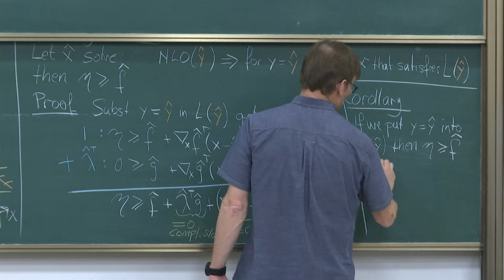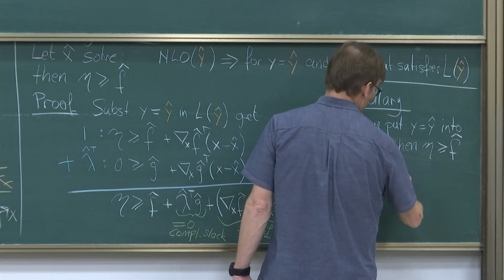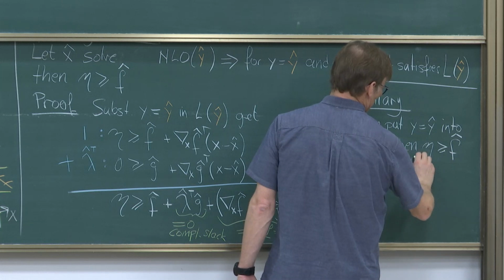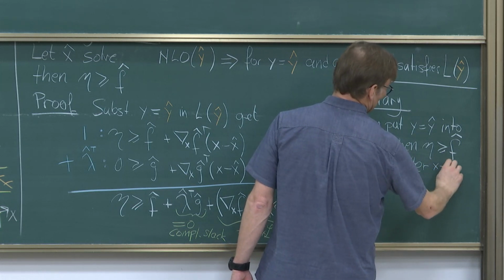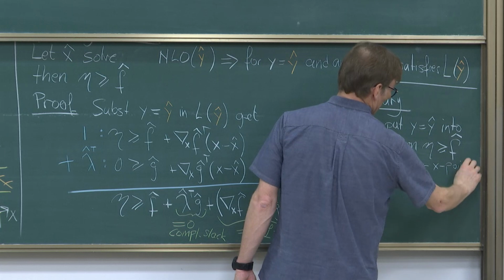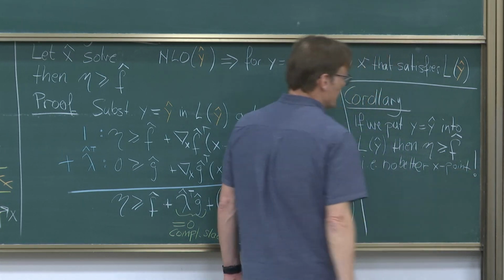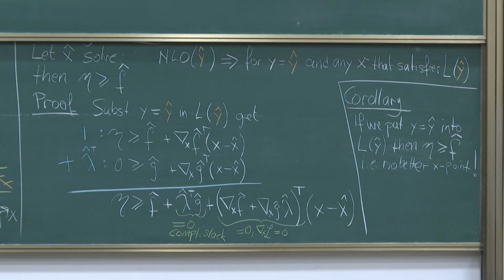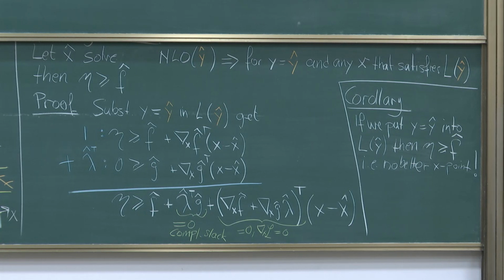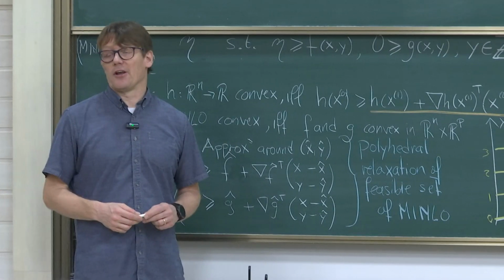In other words, there is no better x point. And f hat, of course, was the optimum of the nonlinear problem.